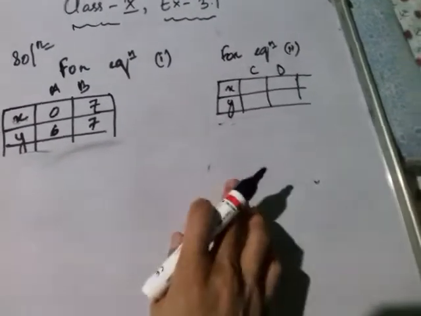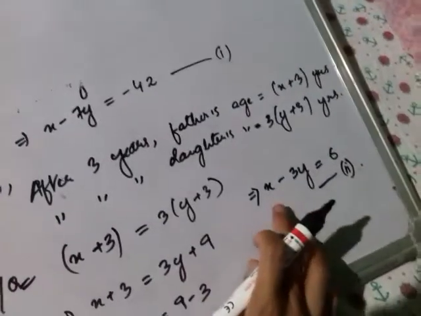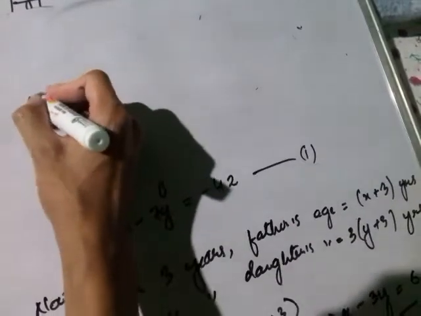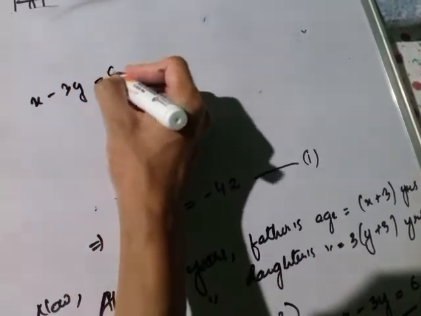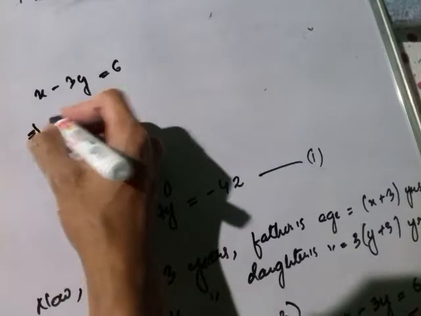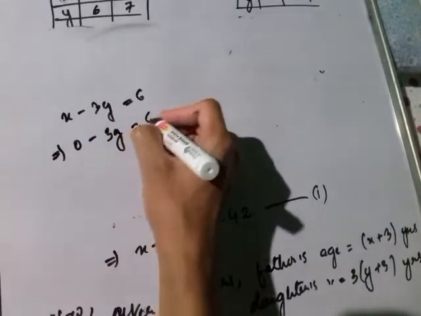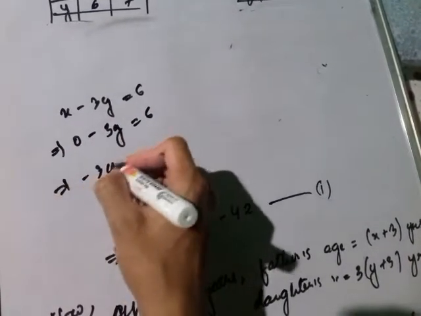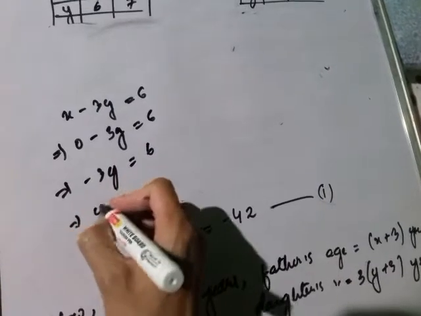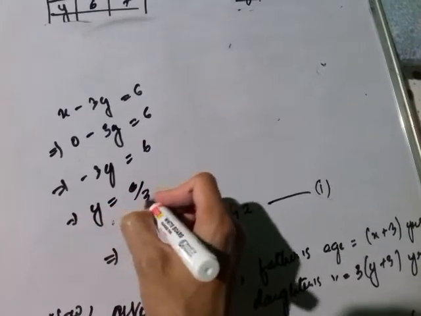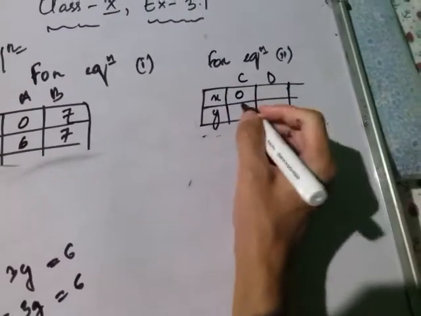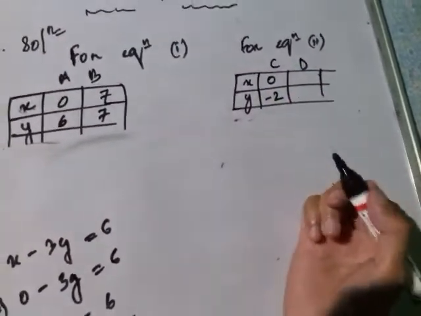If you take x as 0 for equation 2, what was the equation? x minus 3y equals 6. So if you take x as 0, minus 3y equals 6. How much will it be? 6 by 3, that means minus 2. If you take x as 0, y will be minus 2.